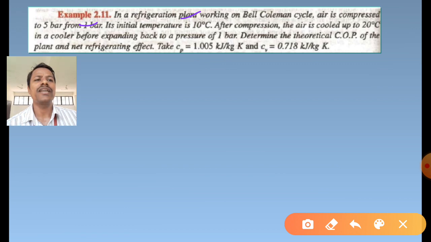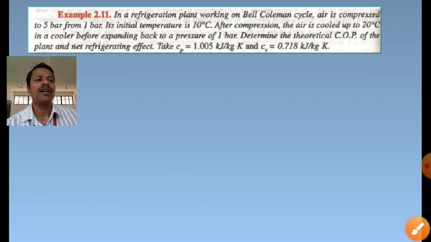The initial temperature is 10 degrees Celsius. After compression the air is cooled up to 20 degrees Celsius in a cooler before expanding back to a pressure of 1 bar. Cooler is nothing but condenser here. So air is cooled till 20 degrees Celsius, means at the condenser outlet the temperature of the air is 20 degrees Celsius.